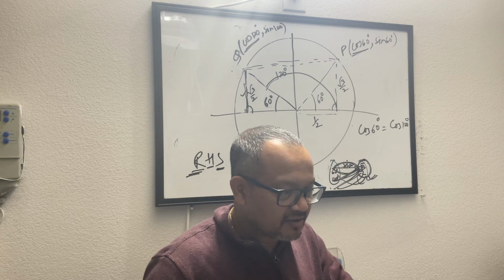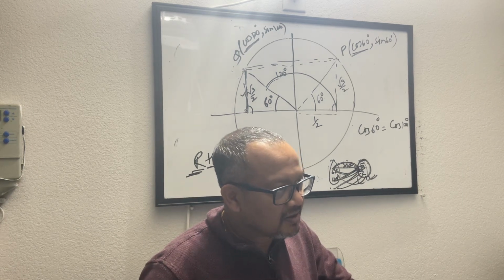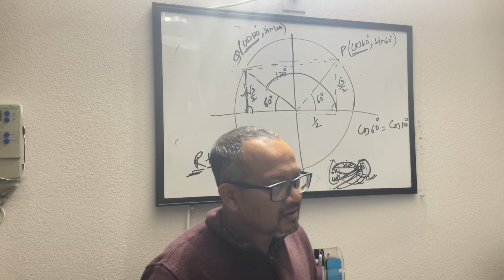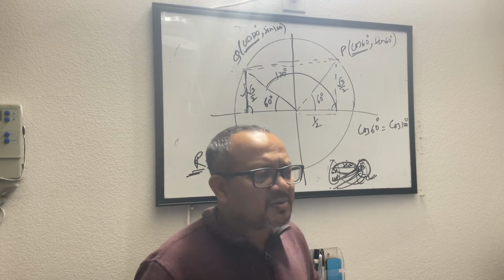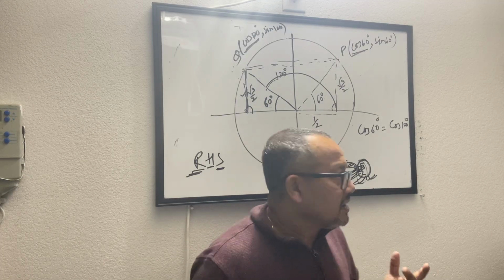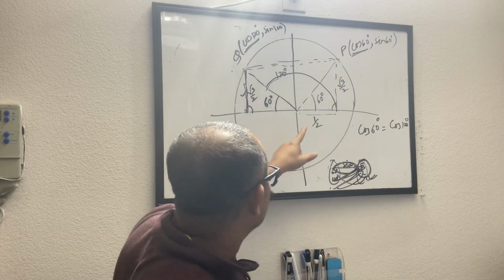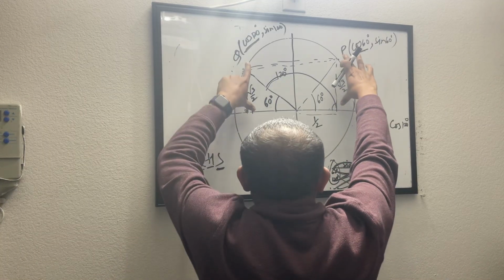Yes, Pradeep. So any supplementary angle pairs would be non-invertible. Not supplementary angle. Anything that adds up to 180. No, not supplementary angles only, because you don't have the problem only with the supplementary angle.